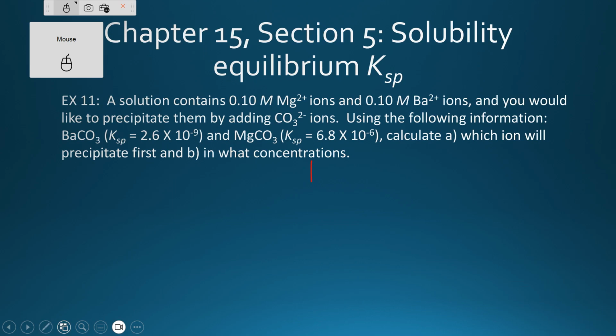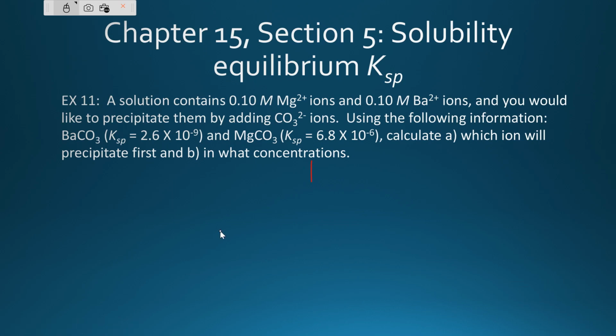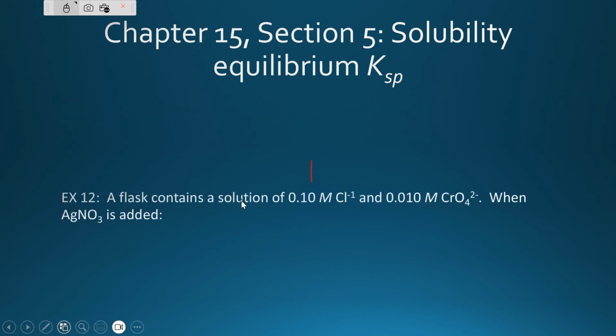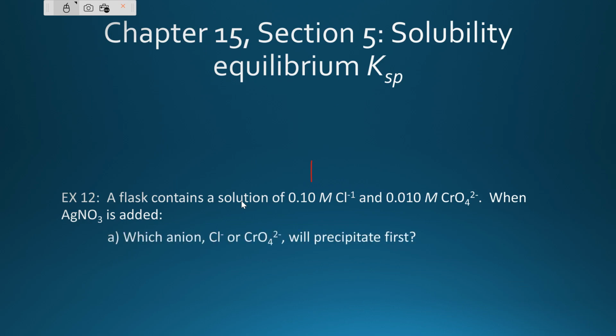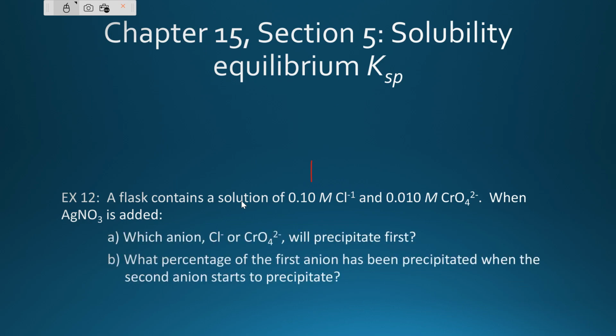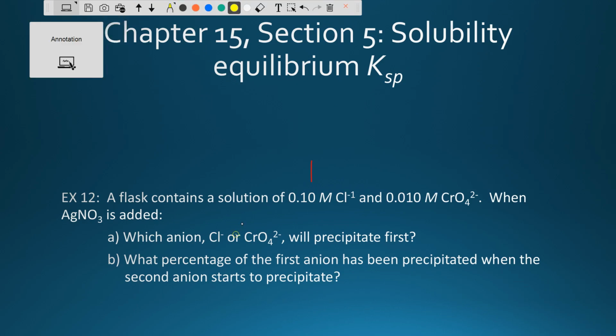All right, let's do one more, and this will be it because I want to show you one more permutation to this. A flask has chloride ions and chromate ions, and we're going to add some silver nitrate to it. Okay, we want to know what's going to precipitate first, and this time we want to know our percents. So remember what we do. First step, keep it nice and clean.